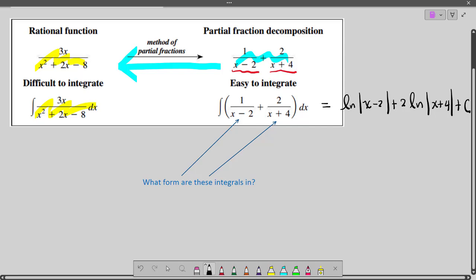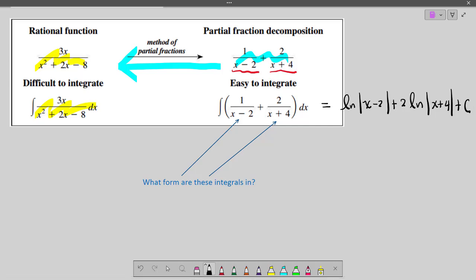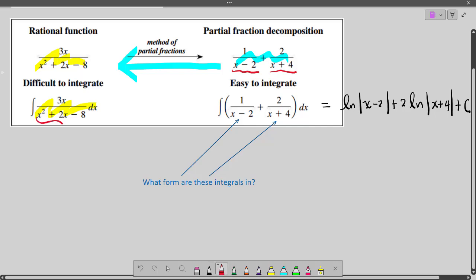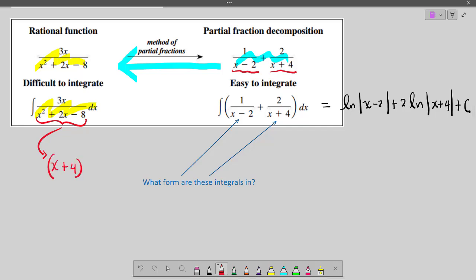So if you were able to write this more complicated looking fraction as the sum of partial fractions, that's really easy to integrate. So this gives us another technique. But what's important to realize is that this technique is going to work if we can factor the denominator. And so we have to be able to factor the denominator.